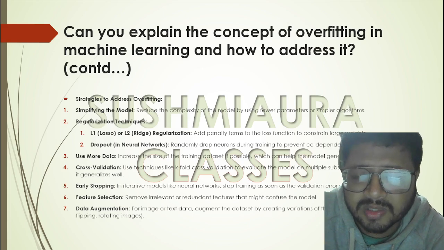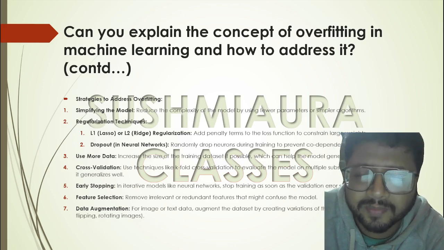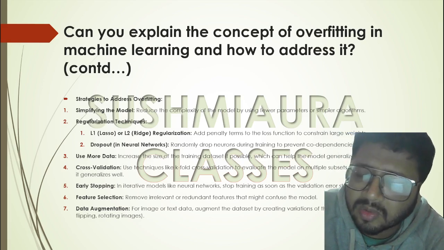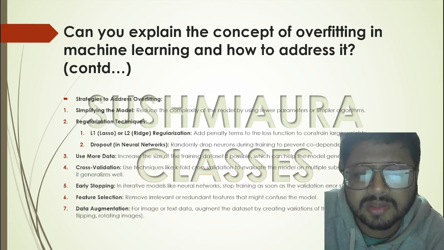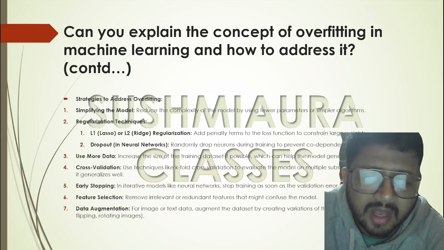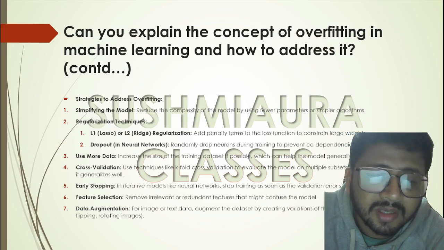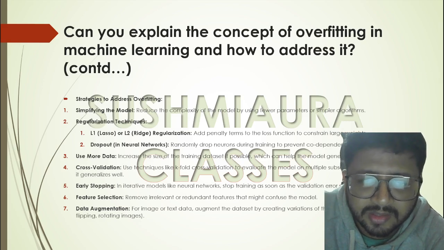Sixth way is feature selection. You can remove the irrelevant or noisy features. As we know, garbage in, garbage out. So we can filter out the features and, based on discussions with the BAs, keep only the required features. And last but not the least, another way is data augmentation.